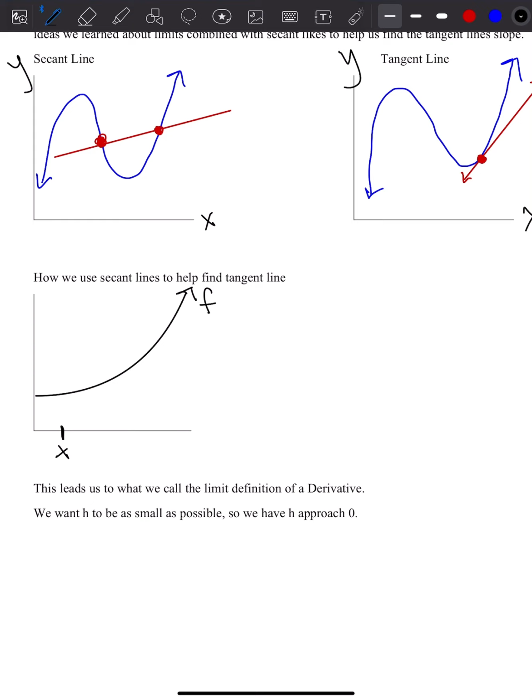This is x, which means if I follow this x value over right here, this y value would be f of x. Okay, so one of our points is going to be x, f of x.